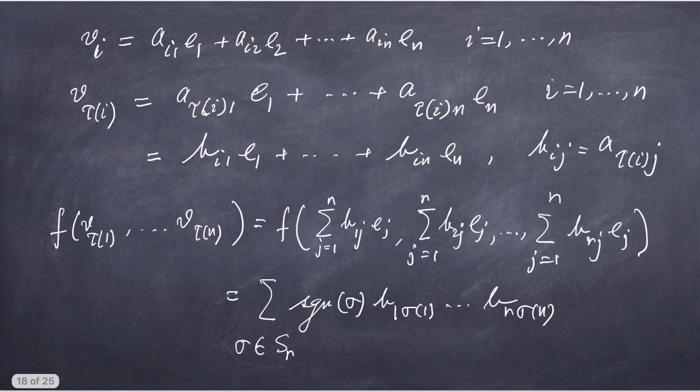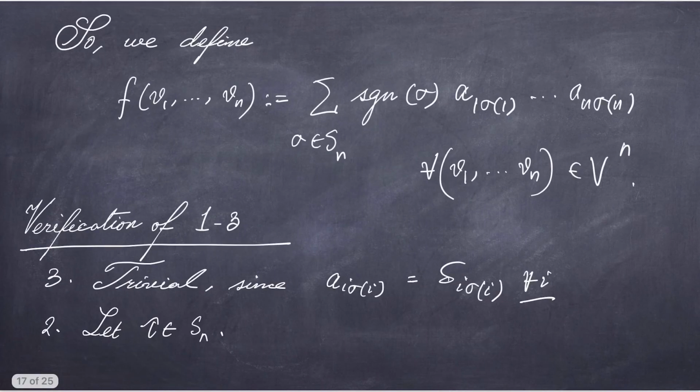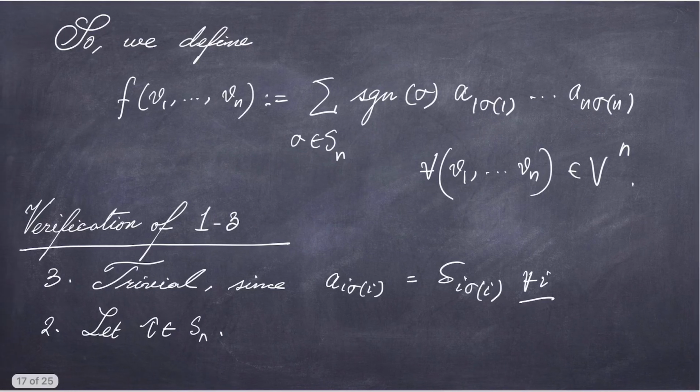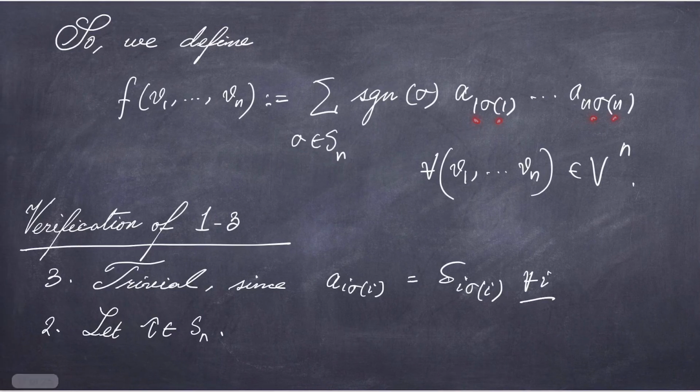So let V1, V2, ..., Vn, and we split each Vi as a linear combination of the ei's as follows. So therefore, for any i, V_{tau(i)} is going to be this. We'll relabel the coefficients for our convenience, because the way we have defined this F depends upon the coefficients with their indices.